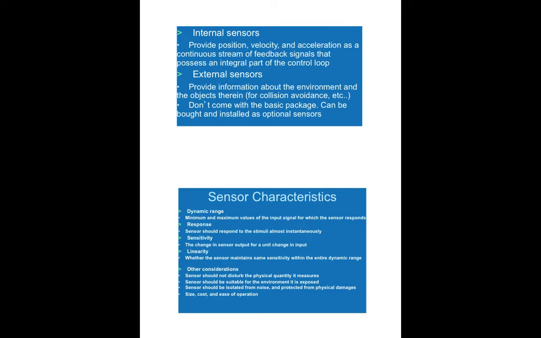If there is any change in the parameters, the sensor should sense it. So the response time is the time the system requires to respond, the processing time for a particular stimulus. The next one is sensitivity. Sensitivity is that if you give a unit input, there should be a change in the output value of the sensor. So that is all about sensitivity.